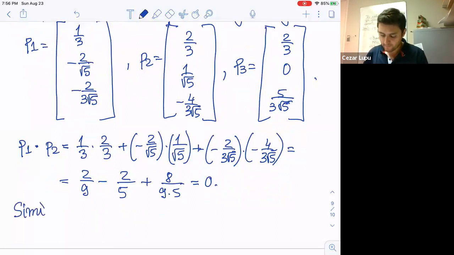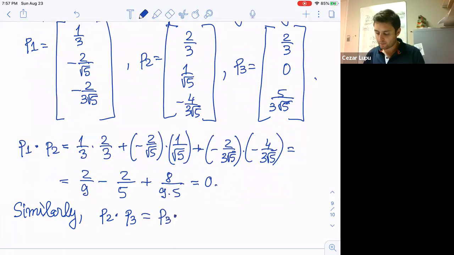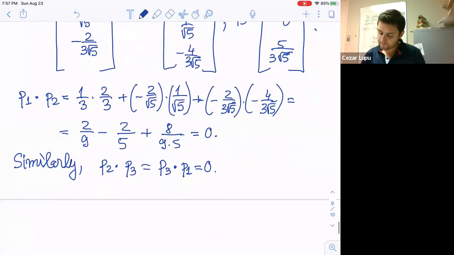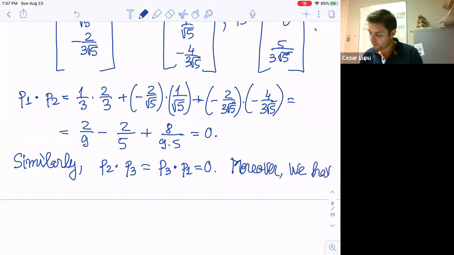Similarly, P2 dot P3 will be the same as P3 dot P1, and it will give us 0. Moreover, we have the following.